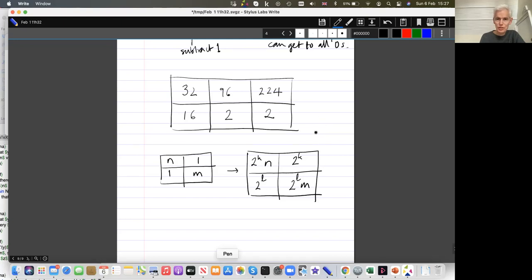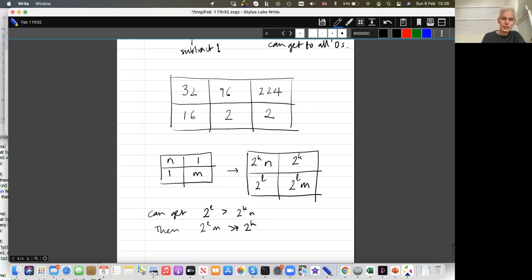So I'm saying if L is bigger than k, we can get 2 to the L bigger than 2 to the kn, but then 2 to the Lm is much bigger than 2 to the k.